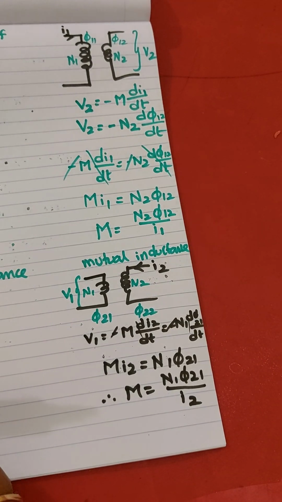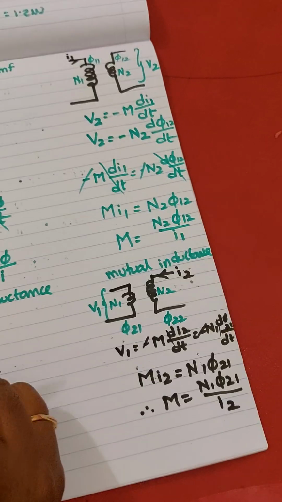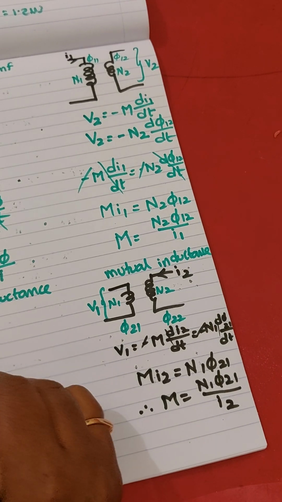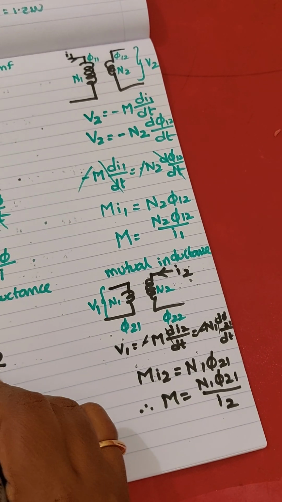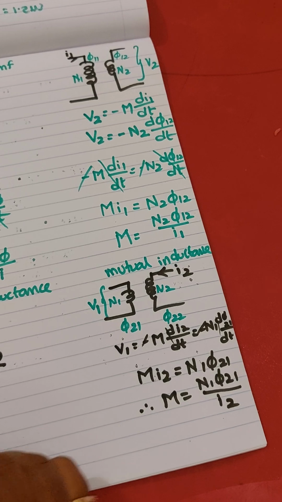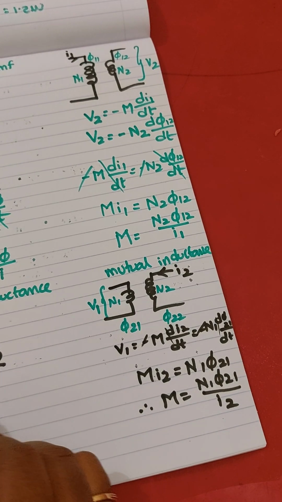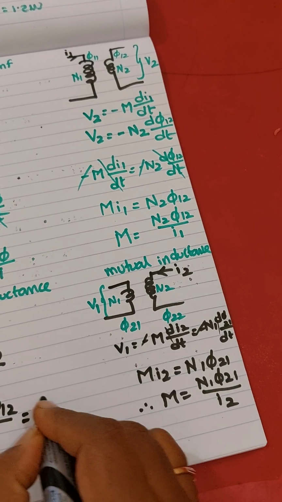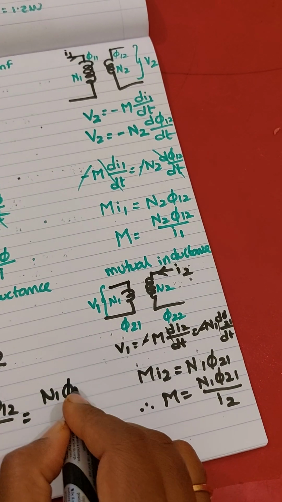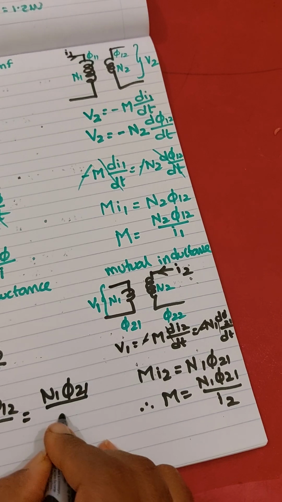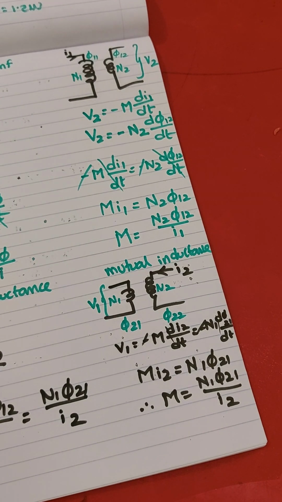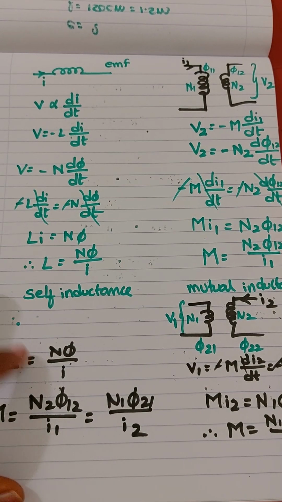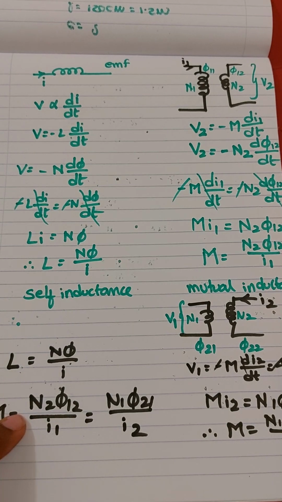Therefore self inductance is N phi by I, and mutual inductance is N2 phi12 by I1 or N1 phi21 by I2. So this is my self inductance and this is my mutual inductance.